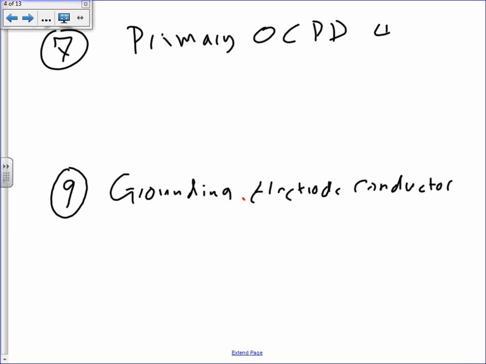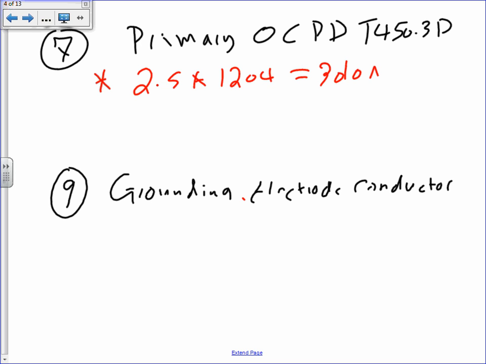Okay, here's the article for you, table 450.3(B). Do you guys remember the multiplier? My multiplier was 2.5 times 1204 equals 3010 amps. Anybody disagree with that?